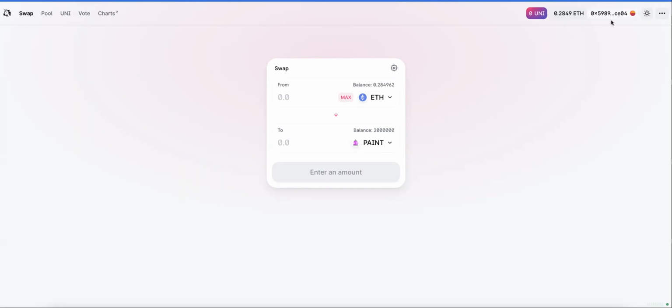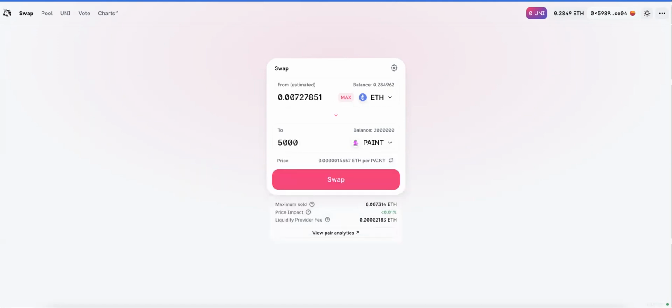You know how to get your address on MetaMask to send Ethereum to your MetaMask. So I'm assuming you already know how to send Ethereum to your MetaMask because you need Ethereum to pay for gas, right? Then you pick how much Paint or how much coin you want to buy. Let's say I want to buy 50,000 of this coin. That's going to cost me 0.07 Ethereum.